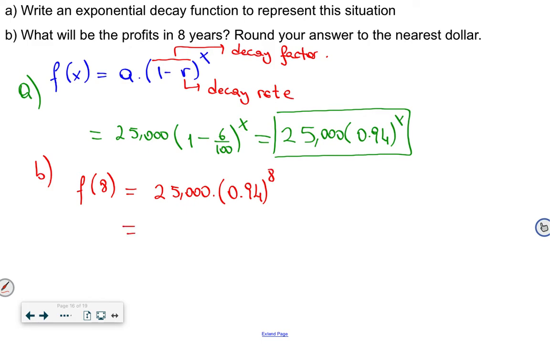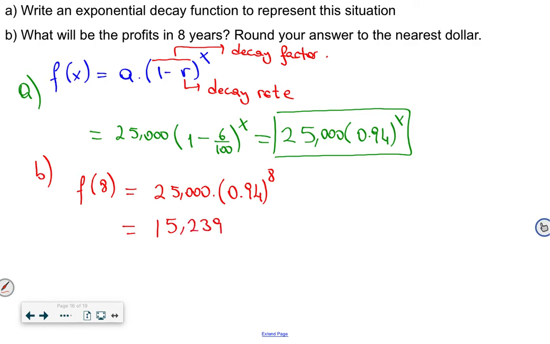From here, if we calculate this, 25,000 times 0.94 to the power 8 will be equal to, to the nearest dollar, 15,239.